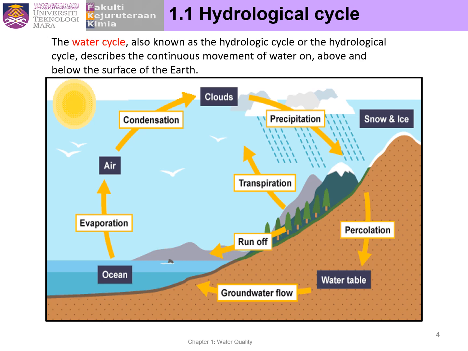Then we have percolation, the water table, and lastly the groundwater flow, and finally it goes back to the ocean. So this is the hydrological cycle. I'm sure this is not the first time you come across it, and you should be able to draw this cycle.